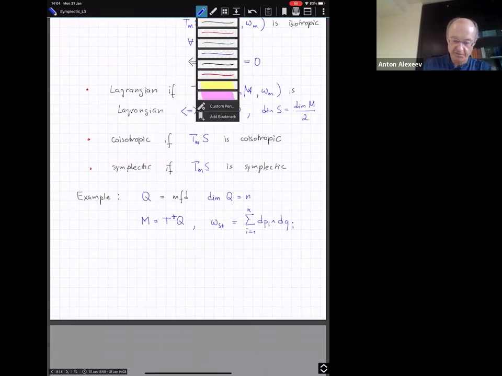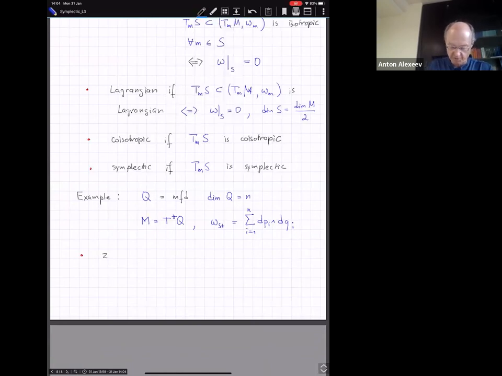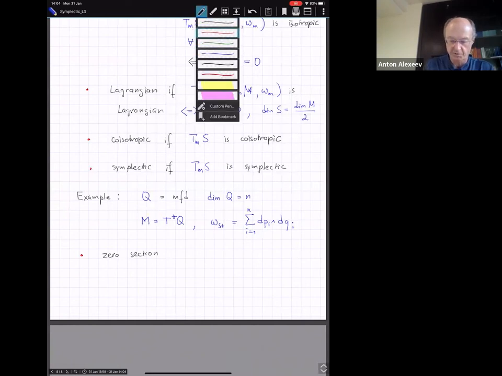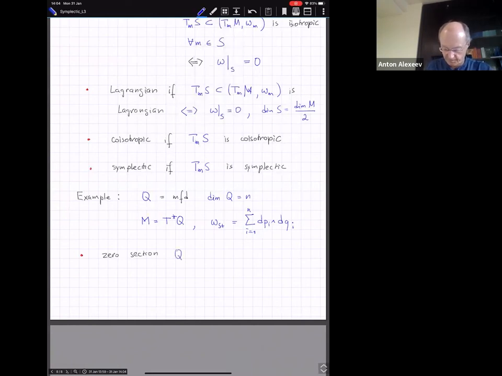The p_i are coordinates in the fibers. And the first observation is that this cotangent bundle has a zero section. So this is Q, which embeds in M. And this zero section can locally be described as points (q, p) with p equal to 0, just because p are coordinates on the fiber, so we simply put p equal 0.